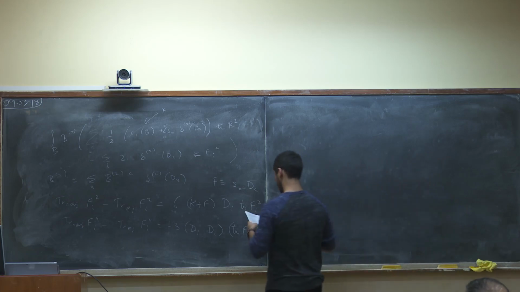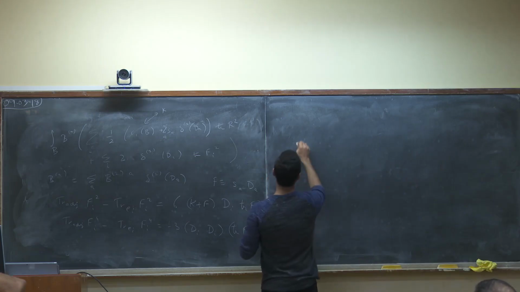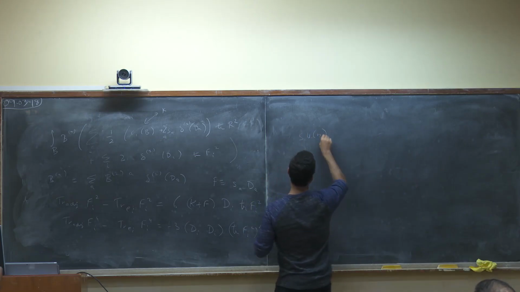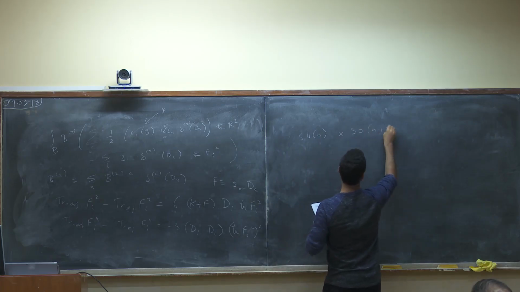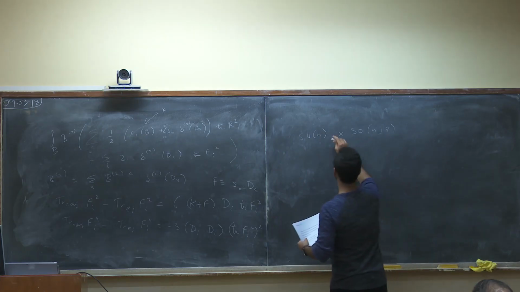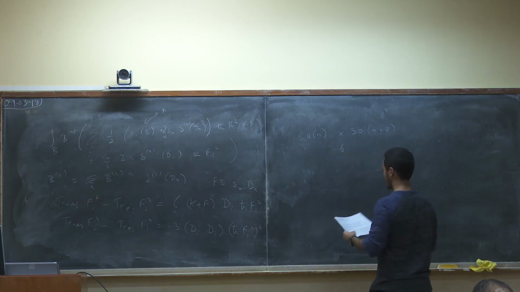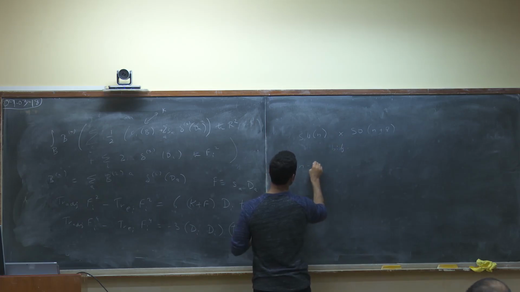Okay, so let me describe to you what the gauge theory is. There are two gauge groups, SU(N) and SO(N+8). We have a hypermultiplet charged in the bifundamental, and we have N minus 8 hypers charged under SU(N).